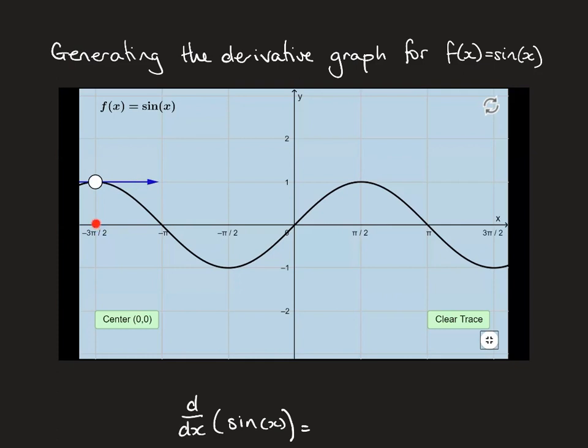And so this little point here on the graph is showing you that currently for this particular x value, the value of that gradient of the tangent, which is in fact the derivative, is 0. And then we're going to move it along and we're going to watch what happens to the slope of the line and the size of the slope of the line and the graph that it creates.